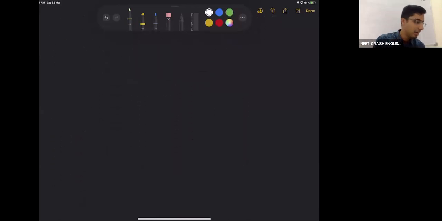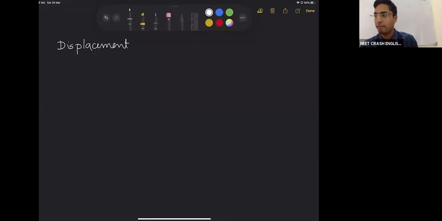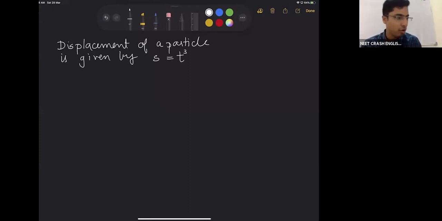All right. Let me give you more problems. Here is a slightly tough problem. So far we have been doing really easy problems, but once in a while there are going to be some tough problems. So here it is. The displacement of a particle is given by S equals t cube minus 6t square plus 3t plus 4.